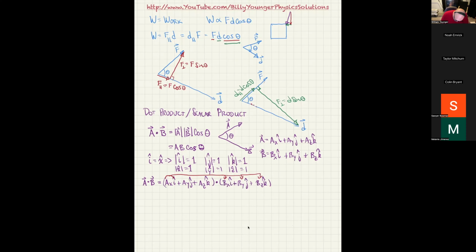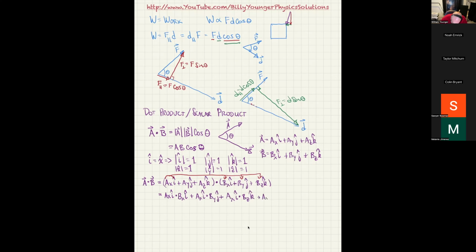Okay. I'm also going to make use of the linearity, and I'll show you how that goes. So let's carry on. What I'm going to do is say ax i hat dotted with bx i hat. So that's just the distributive property. I haven't done the linearity thing yet. Plus ax i hat dotted with by j hat plus ax i hat dotted with bz k hat plus, now I'm going to go to the second term in the A vector.